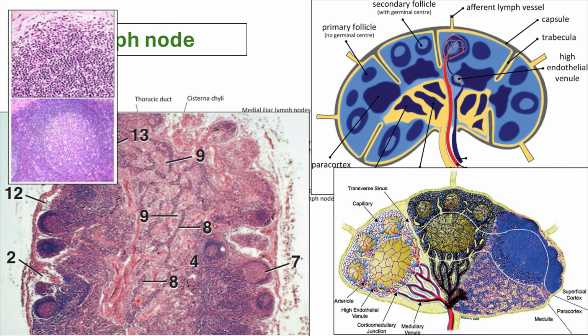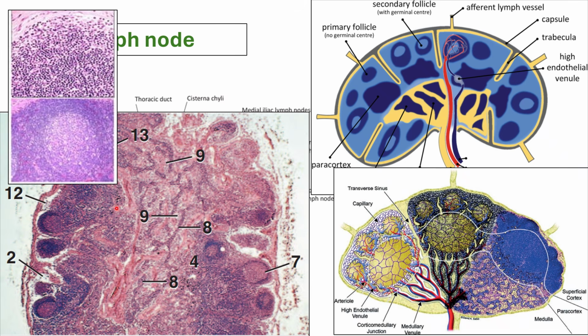Okay? So after the cells here are primed, they will go into the medullary area. So your mature B cells and T cells will actually be here where they will exert their actual filtration of the lymphoid fluid. Okay. In the cortex area, the majority of the lymphocytes here are B cells.